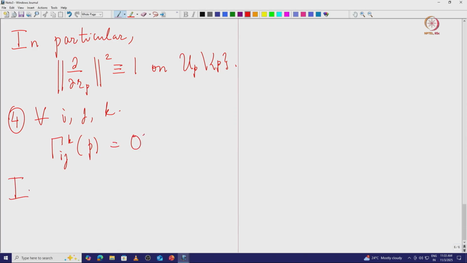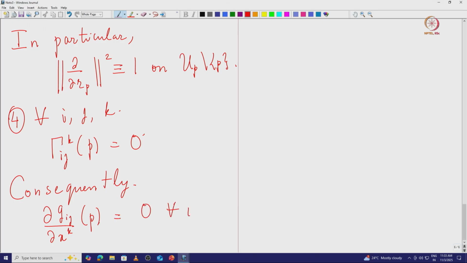So in particular, as a consequence, if you take any of the metric components and take the derivative in the kth direction, then at P that vanishes. Okay. Alright, so this is kind of a longish proposition, let us now prove it.